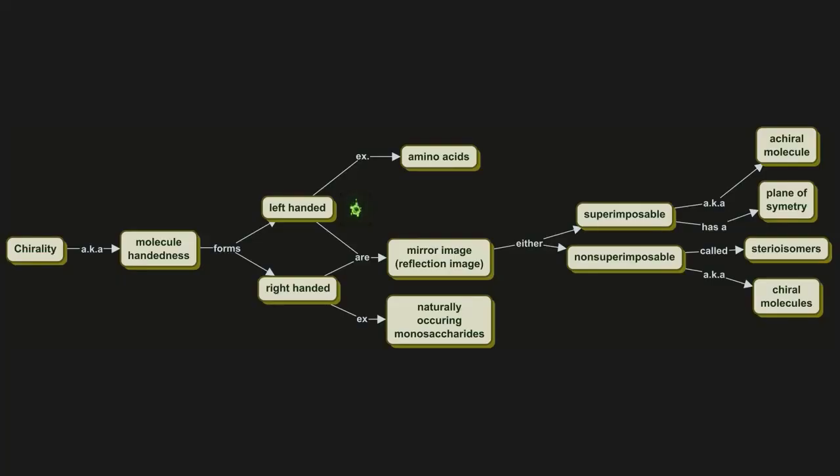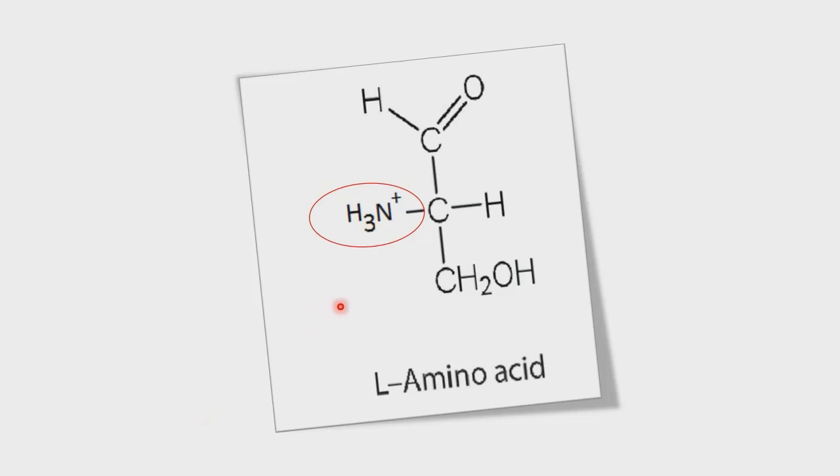Left-handed molecule. An example of a left-handed molecule are most of the amino acids. Amino acids are mostly found to be left-handed in nature. So this now is an example of an L-amino acid.